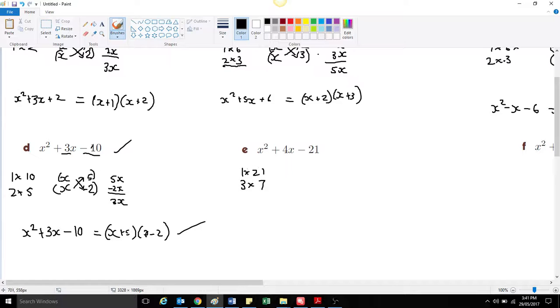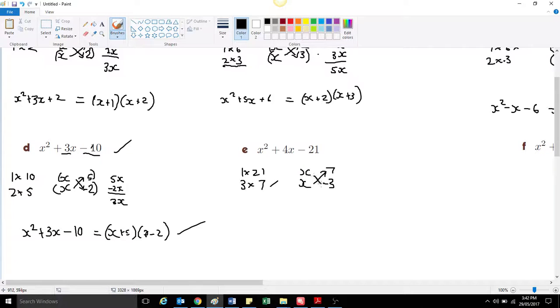Because 21 plus 1 would be 22, and 21 take 1 would be 20. So we're looking at 3 and 7, all right? Because if we did minus 3, we're going to have 7 times minus 3 is minus 21, and 7 plus minus 3 is 4. So this is the one we're looking at using. So let's investigate x and x, and we've got 7 and 3, and we've said we're going to make the 3 negative.